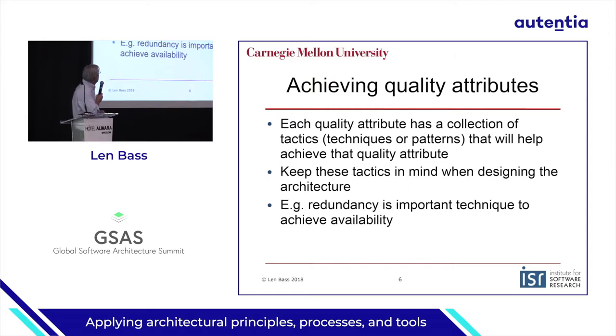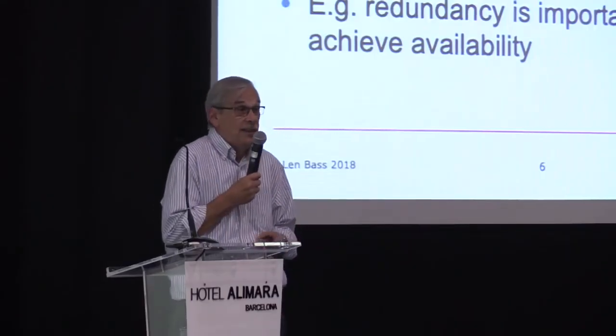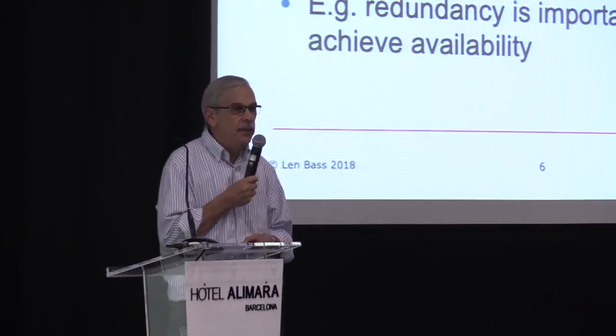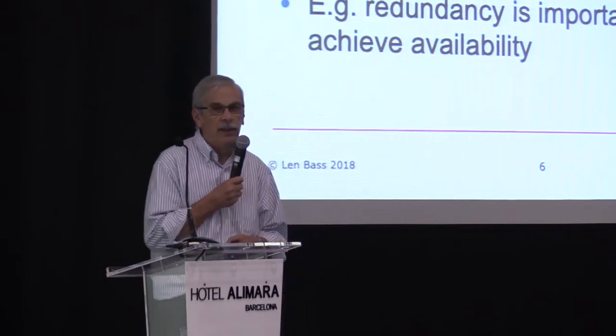Now, how do you achieve quality attributes? There's a list. Okay, so if you're interested in availability, you have to pay attention to redundancy. Okay, this is independent of the kind of system you have. Redundancy is an important technique for achieving availability.